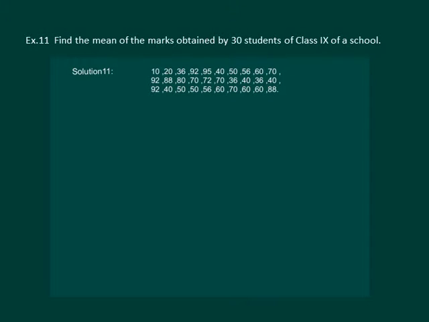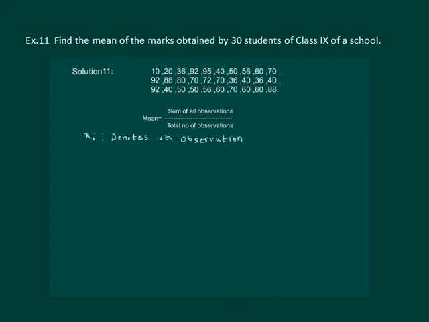Let us read the question. Find the mean of the marks obtained by 30 students of class 9th of a school. We know that mean equals the sum of all the observations divided by the total number of observations.